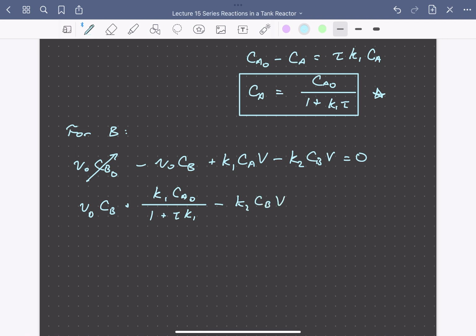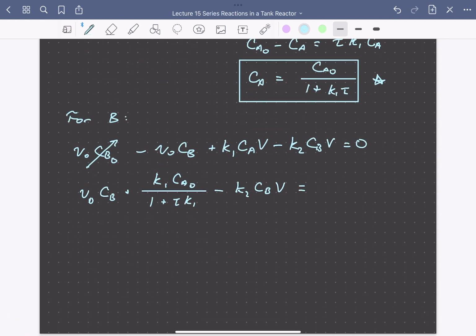And then we have our second rate of reaction here. Okay, so once again we can solve explicitly for Cb, and that expression looks something like this. The numerator is K1 Ca0 times tau divided by the product of 1 plus K1 tau times 1 plus K2 tau.